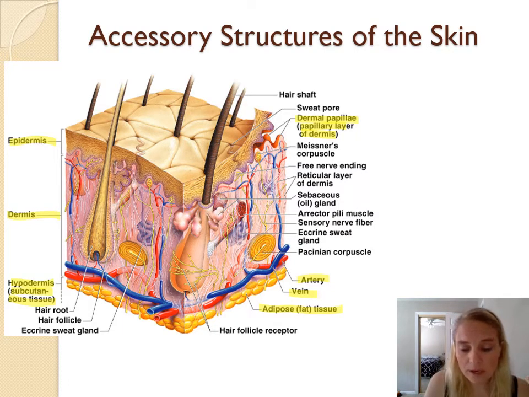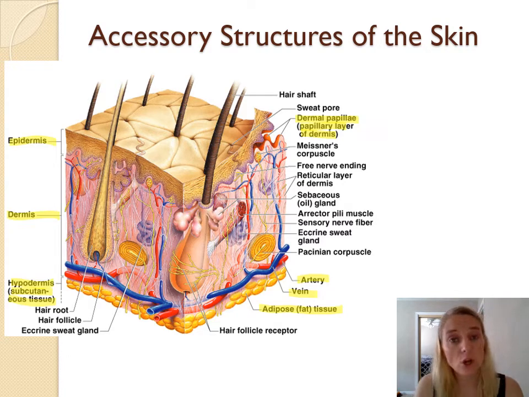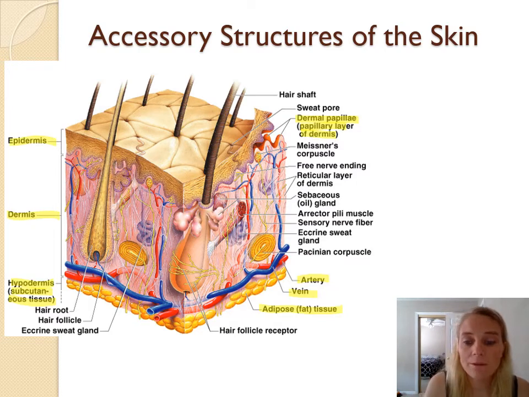Some other things I'm going to highlight that aren't necessarily going to be discussed here, but you should know about and will be learning about in lab, is the nerve innervation of your skin. We have these called Meissner's corpuscles, sometimes called tactile receptors or tactile corpuscles.